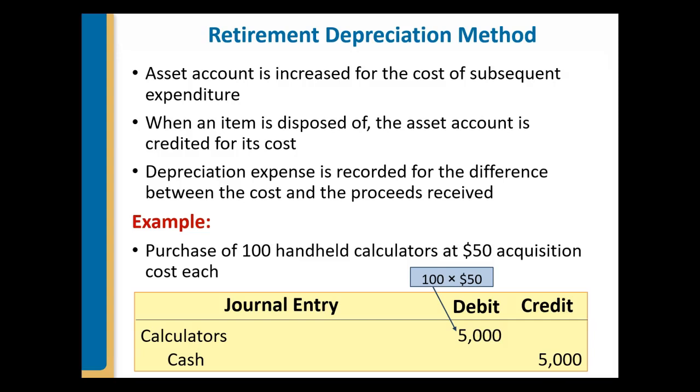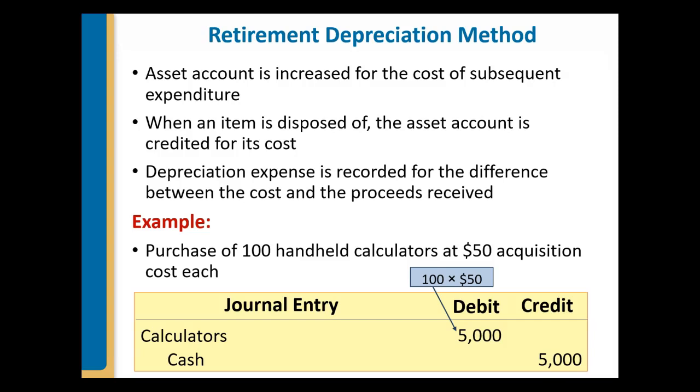When an item is disposed of, the asset account is credited for its cost. Depreciation expense is recorded for the difference between cost and proceeds received. No other entries are made for depreciation. As a result, one or more periods may pass without any expense of depreciation recorded.